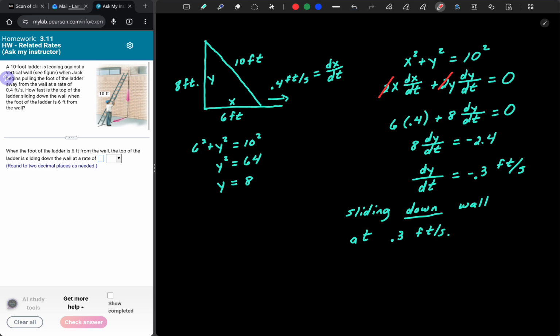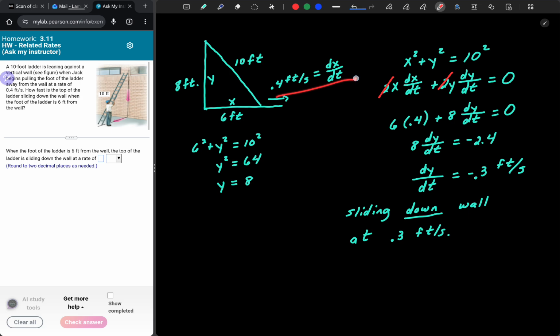Now, I'm trying to find out how fast that ladder is moving down the wall if it's being pulled away from the wall at a rate of 0.4 feet per second. It's important that you label all of your derivatives in this problem. Notice, this is the rate of change of how fast the horizontal is changing. Thus, this 0.4 feet per second is dx/dt.